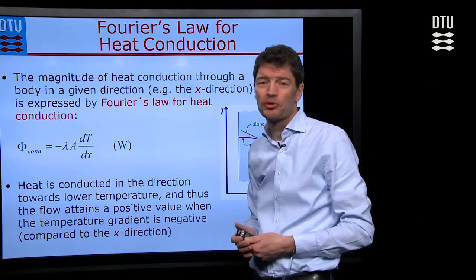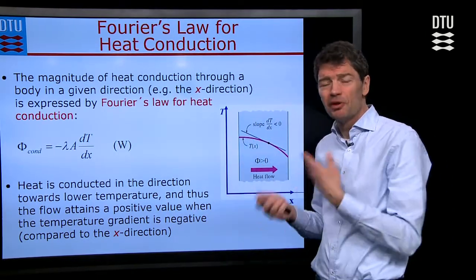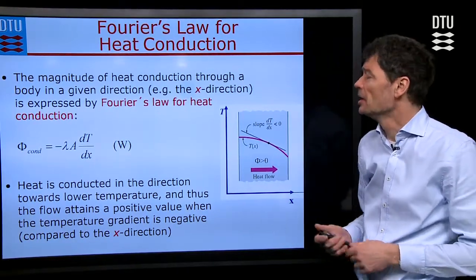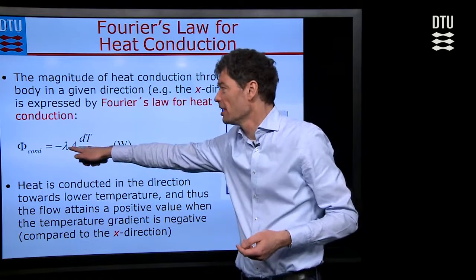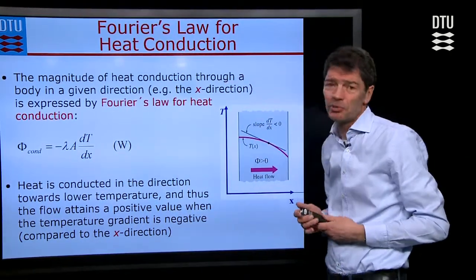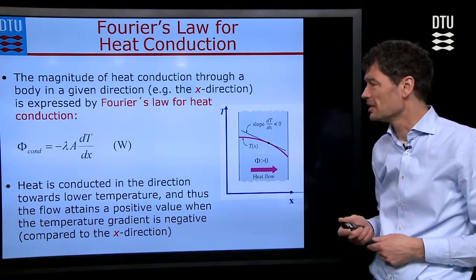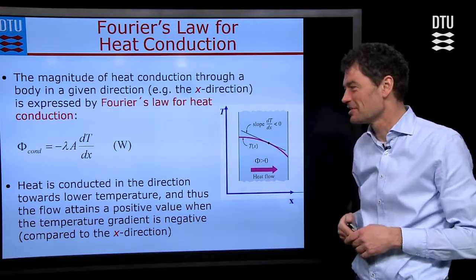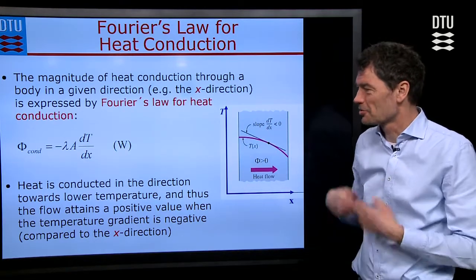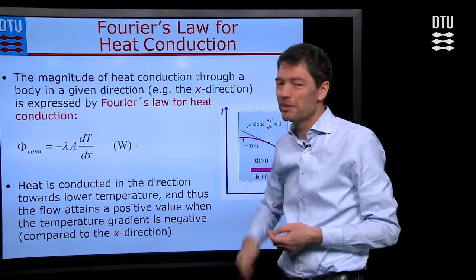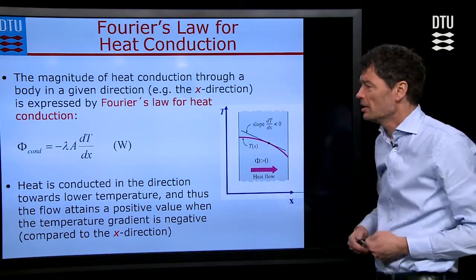We take a temperature gradient, because temperature is the driving force for the heat flow by conduction, and then we have a thermal conductivity lambda, which characterizes the material in which the heat flow takes place. Then, of course, the area of the wall is important also. That gives us the total heat flow, which we measure in watts.